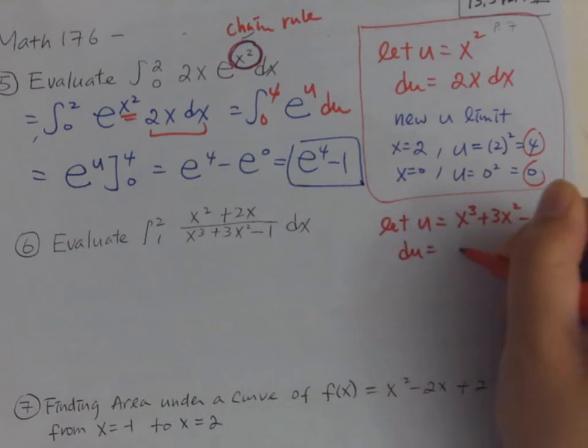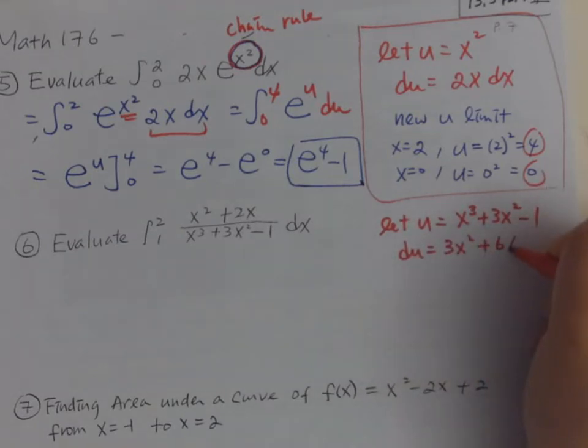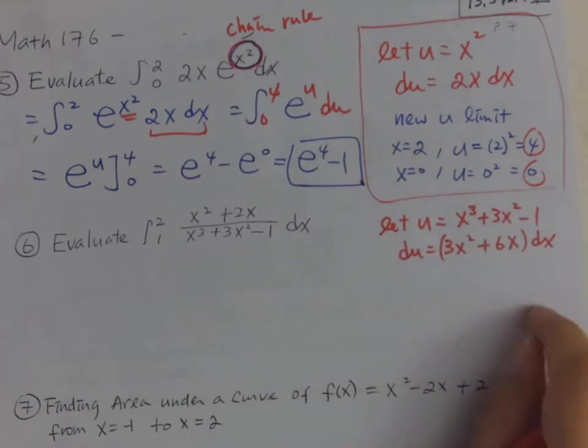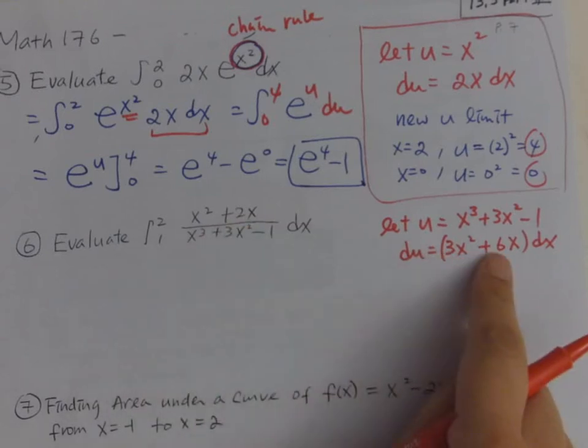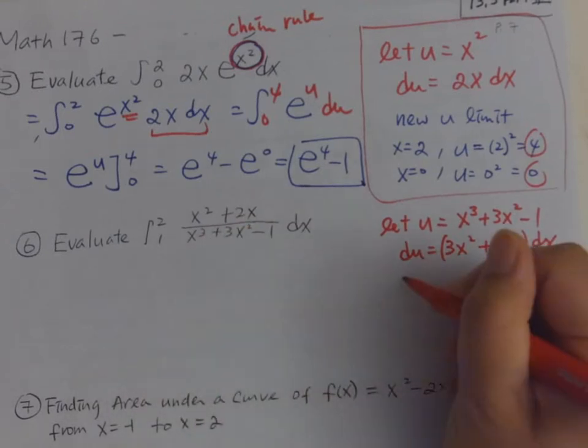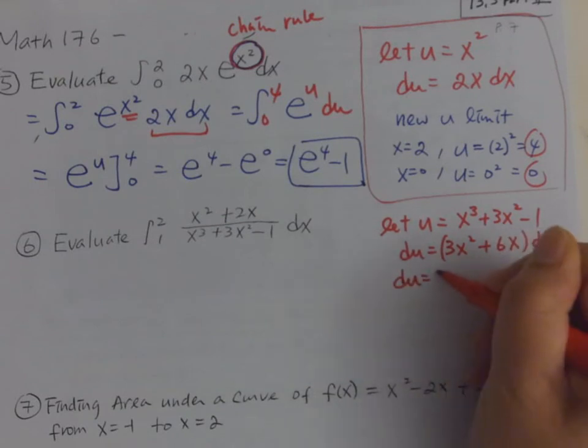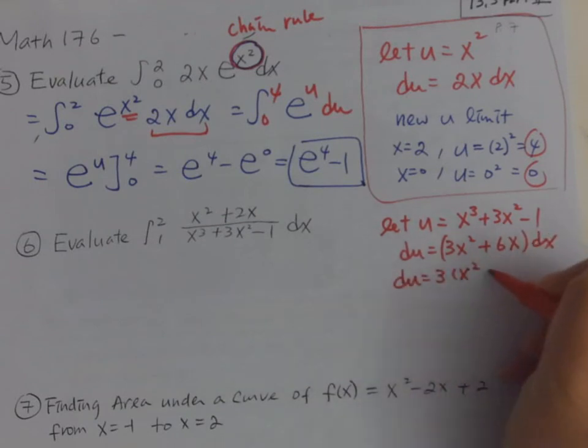Then du will equal 3x squared plus 6x dx, right? Okay. It looks almost like that, but has the 3 too much, right? So I can pull out a 3. So pull out a 3 (x squared plus 2x) dx.